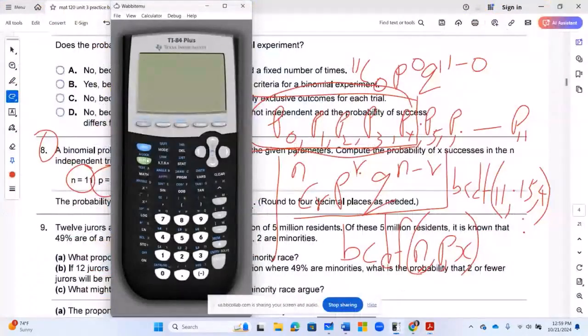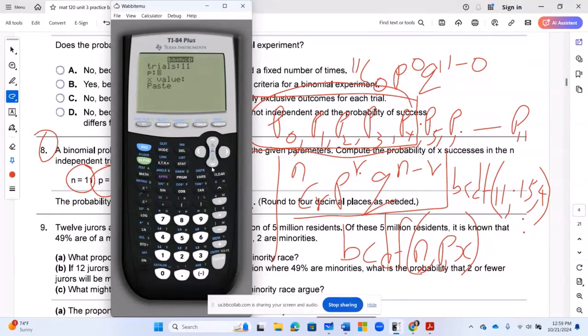So I'm going to go to second distribution. I'm looking for binomial, so binomial cumulative density function is B. I'll select B. The number of trials is asking me what the sample size is. Anytime you're told to find the number of trials, it means the sample space, and the sample space is 11.